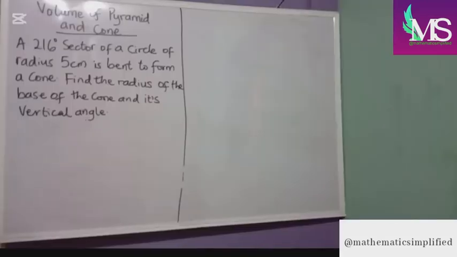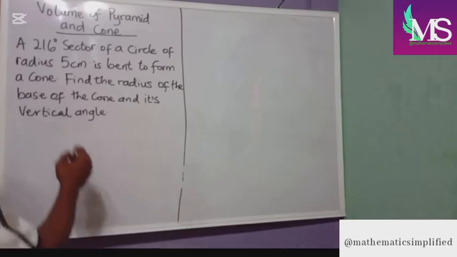Example 1 says a 216 degree sector of a circle of radius 5 cm is bent to form a cone. Find the radius of the base of the cone and its vertical angle.